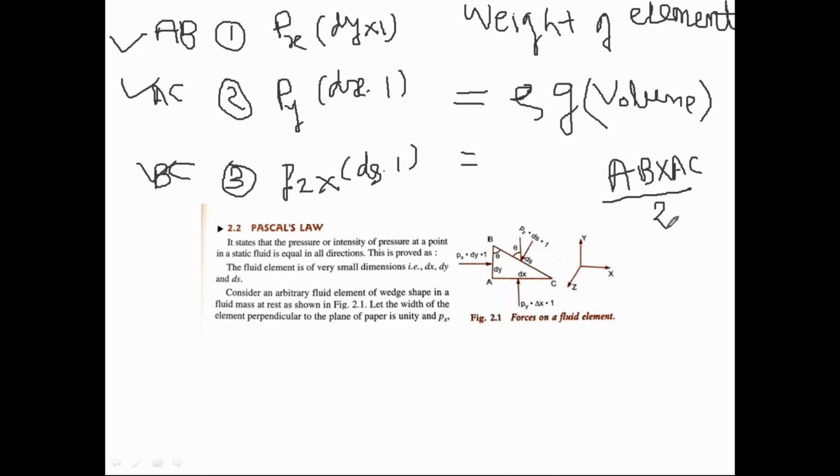Is it volume? No, it is the area of the triangular element. Okay, into length, how much length does this triangular element have in perpendicular direction? It is 1. So this is the volume of the triangular wedge element. Okay, volume of the triangular wedge element. So this is 2D.